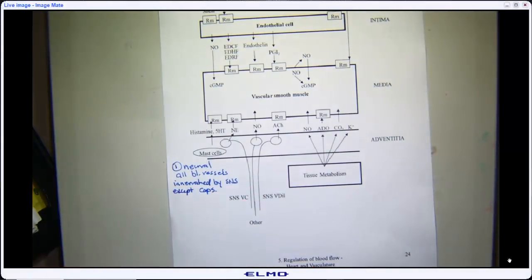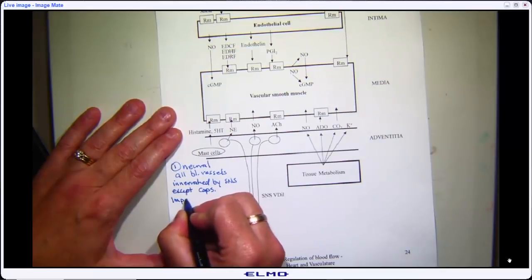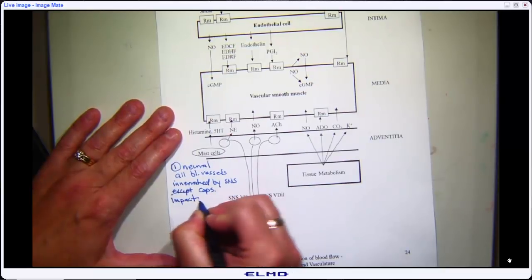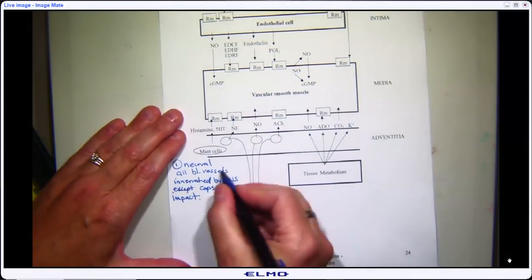All right. They have different impacts on different vessels. Okay, so not all gains are equal. So the amount that you can constrict a vein is going to be less than the amount that you can constrict in an artery or an arteriole. Okay, so in terms of the impact of the nervous system, it's not equal across all vessels.